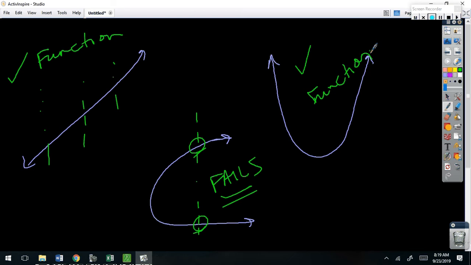This is definitely not all. This is probably the longest section you've ever seen in your life. We're going to take at least 2 days doing this section, but this is just a piece of it. All right, so speaking of functions, you are used to seeing things like this, right?